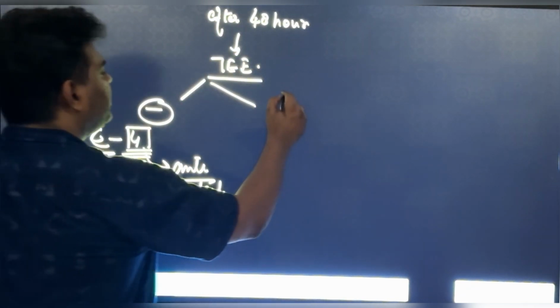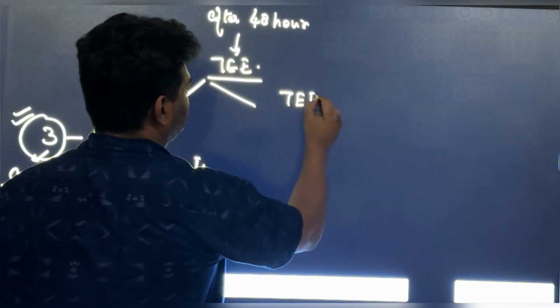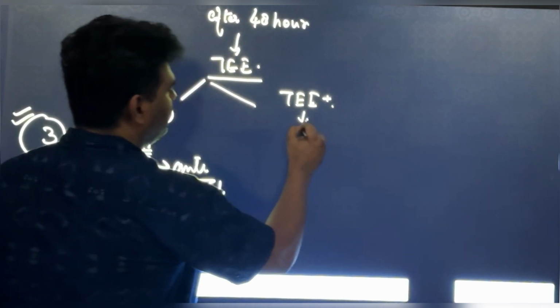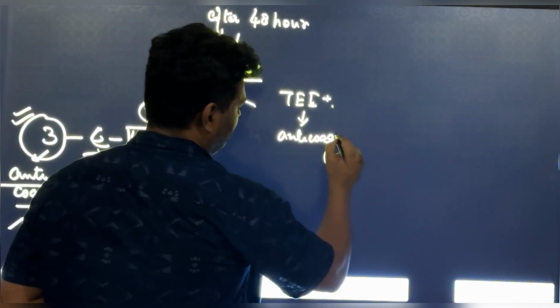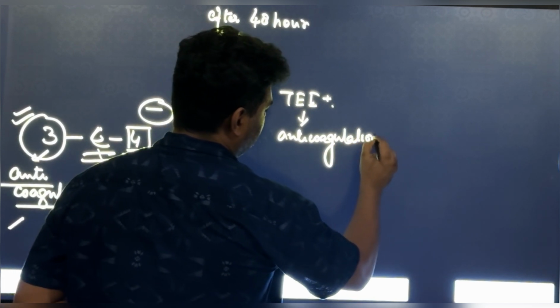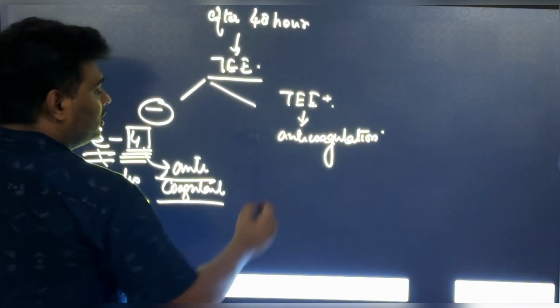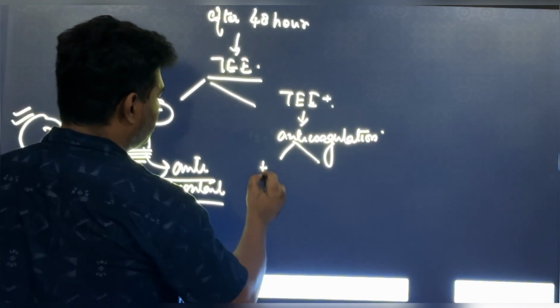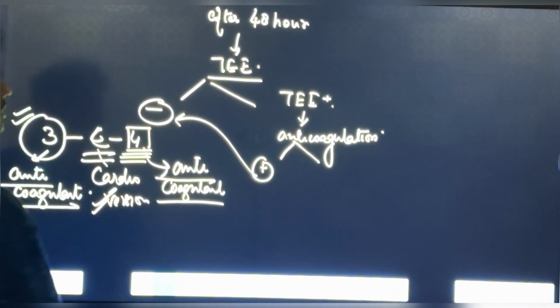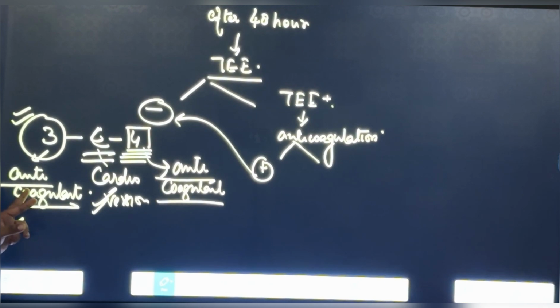Now, if you have a TEE facility available, what will you do? You will start anticoagulation. Then you will see through TEE. If a clot is present, then you will again follow this rule: anticoagulation for 3 weeks, then cardioversion, then anticoagulate.